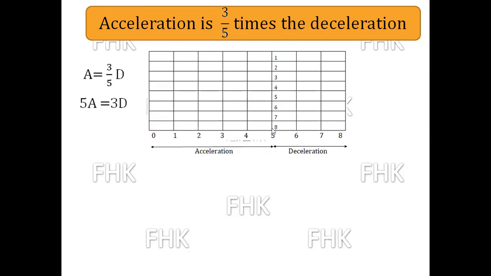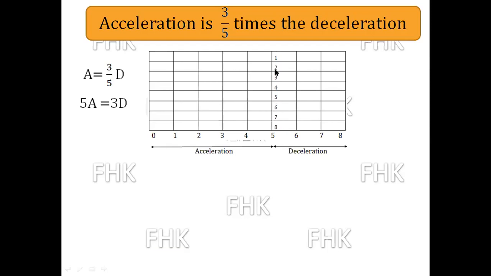Okay, so the line where acceleration is ending, not the mid line, you have to divide into 8 equal parts again, and you have to give the numbers from top to bottom as the follower is moving in the downward direction. Again, 1, 2, 3, 4, 5, 6, 7, 8.